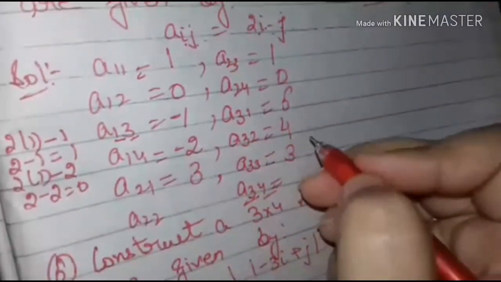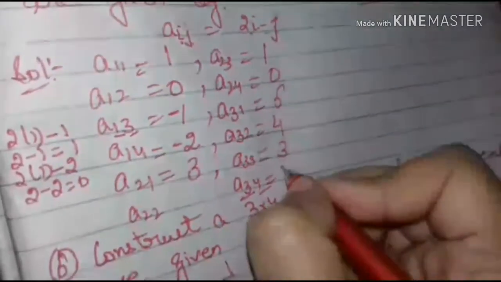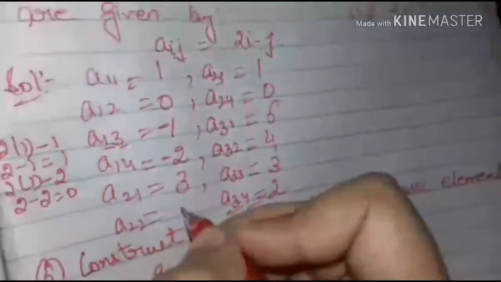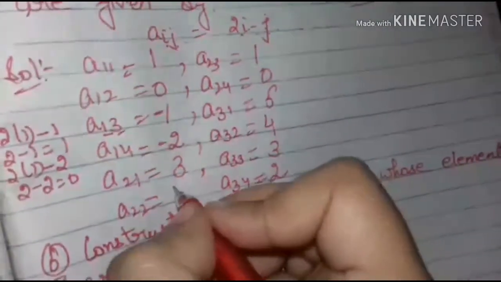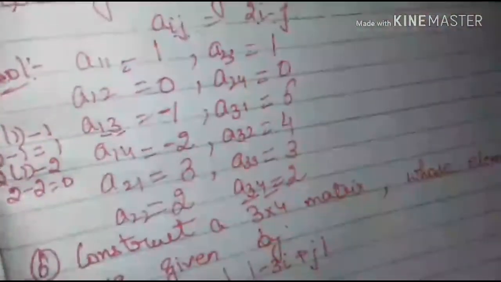Next, 6 minus 4 is equal to 2, and 4 minus 2 is equal to 2. These are the elements of the matrix.